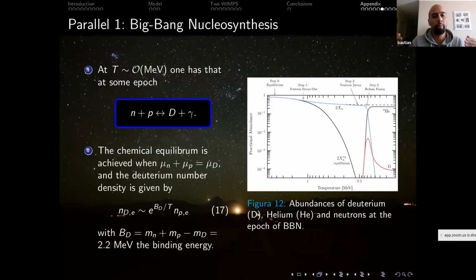For some time the particles were interacting at a similar rate, but that means that you can have the production of some particle in this reaction, the deuterium, and the abundances of the other two particles, the neutrons and protons, decrease in order to compensate the increasing of the deuterium. The picture is exactly the same in our case. And of course, deuterium is a bound state. It's different in that, but only in that sense, I would say.